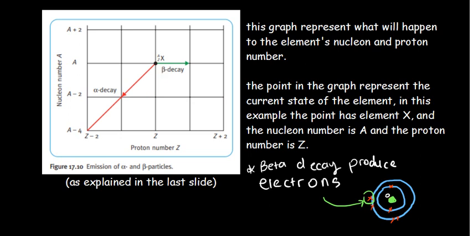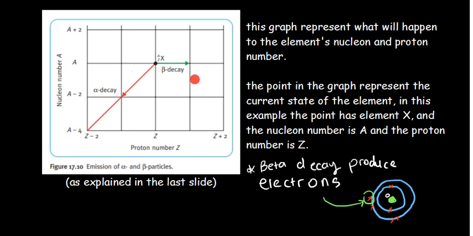And after an alpha decay, the element state is going to minus 2 proton number, and it's going to minus 4 nucleon number, okay? Remember where the nucleon number is and where the proton number is, okay? It's going to be here. Therefore, the element state is going to be somewhere here.